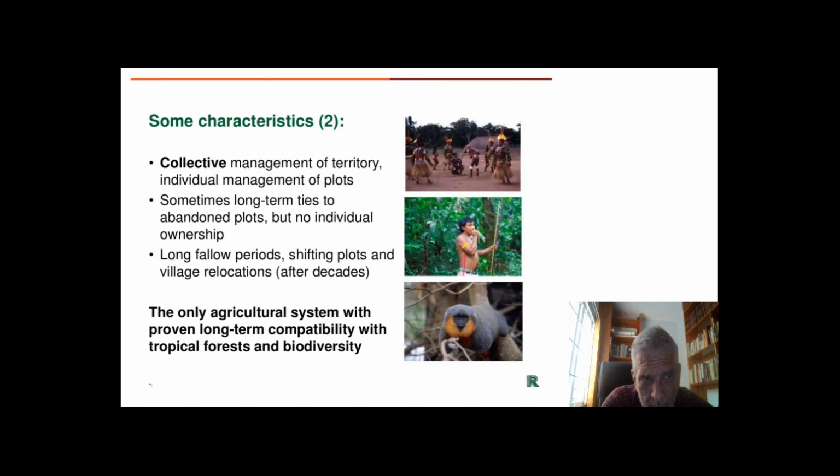Other characteristics include collective management of a territory. With large farms, one person tends to own the farm, and therefore you don't have collective management, and there's a lack of social equity.